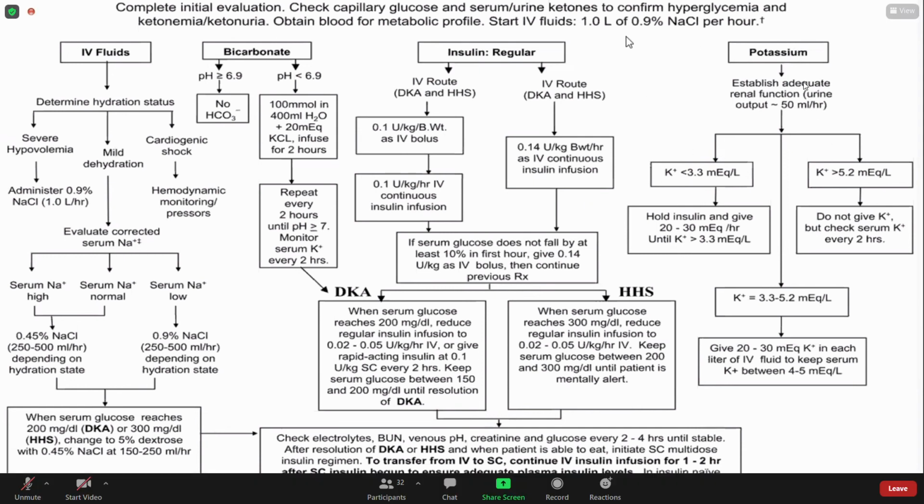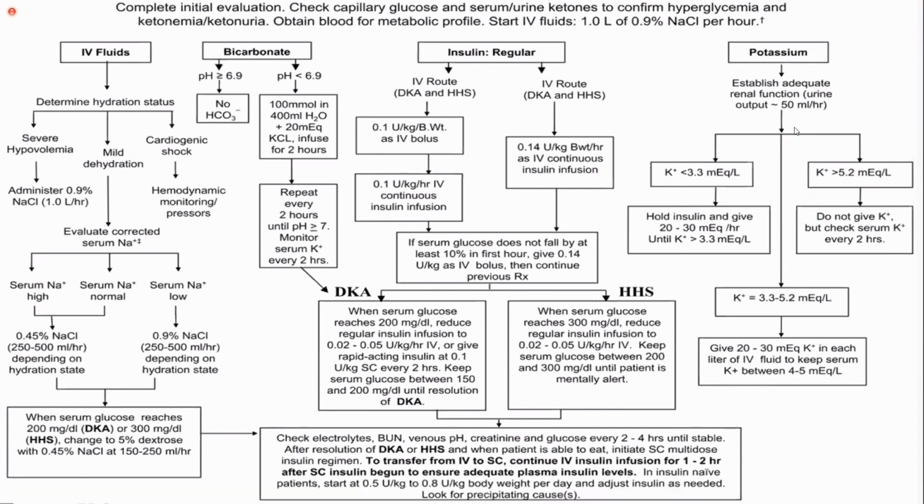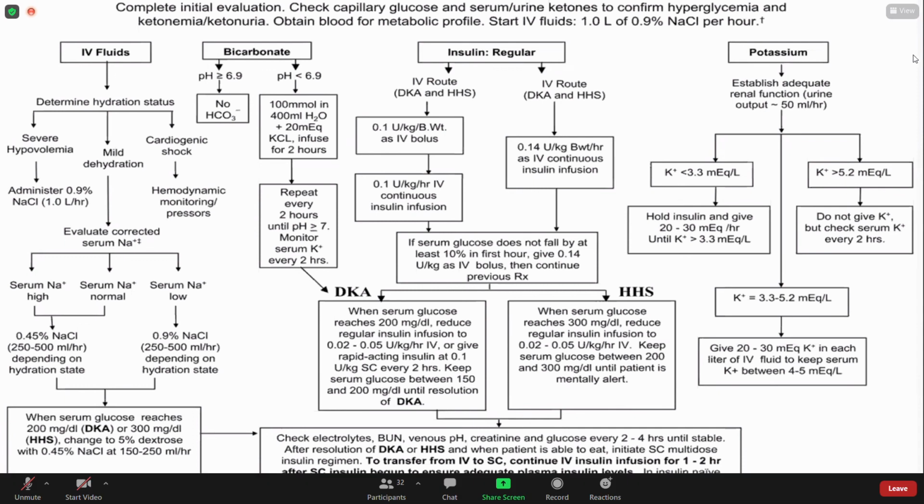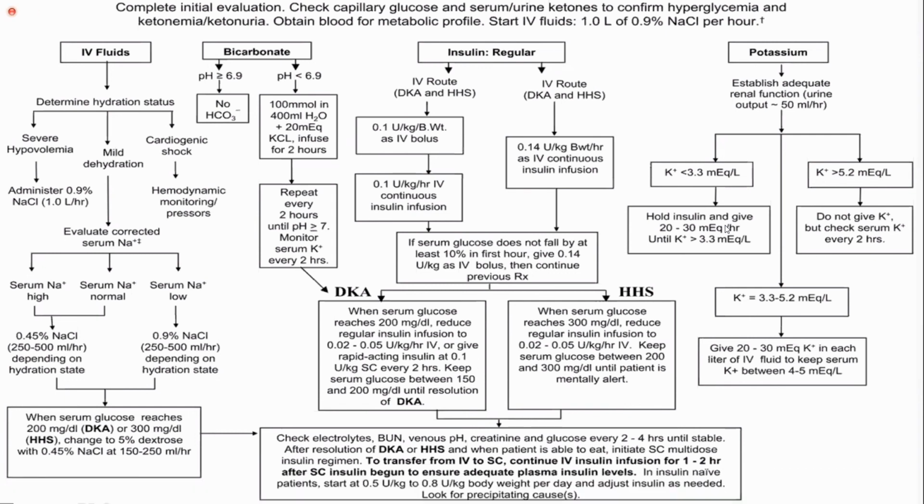You give potassium. Monitor the potassium carefully. Just giving fluids will start to lower the blood sugar. Obviously, you're going to give insulin as well. But the other thing is, don't debate how much insulin to give, 0.1, 0.2, this and that. Give insulin. Insulin doesn't cost much.